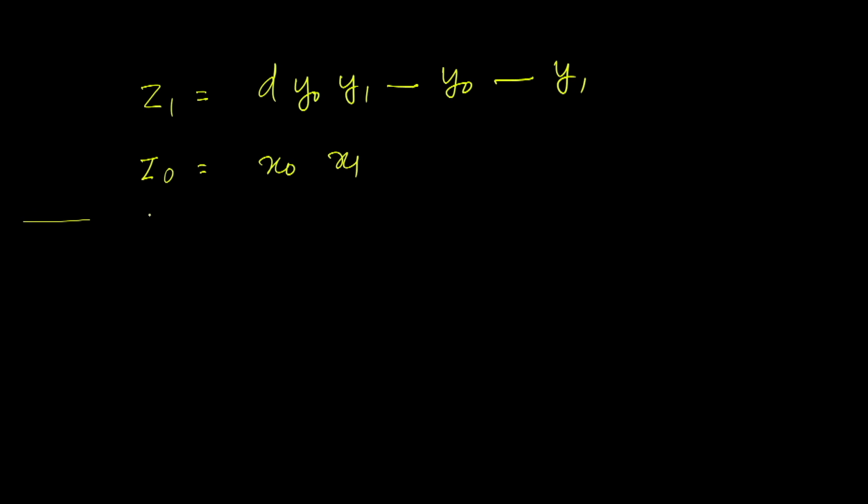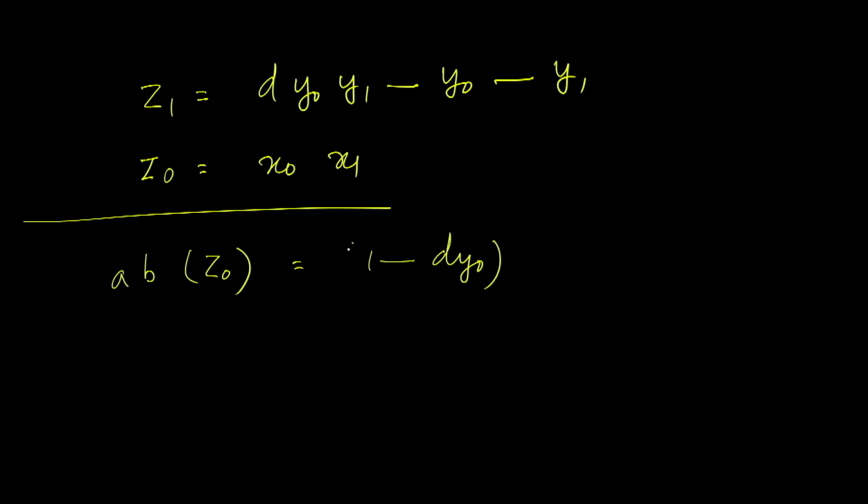If this is the case, then we readily find that AB into z0 is 1 minus Dy0 times 1 minus Dy1. Replacing x0 and x1 with 1 minus Dy0 and 1 minus Dy1, we find that AB into z0 is this, which is 1 plus Dz1.